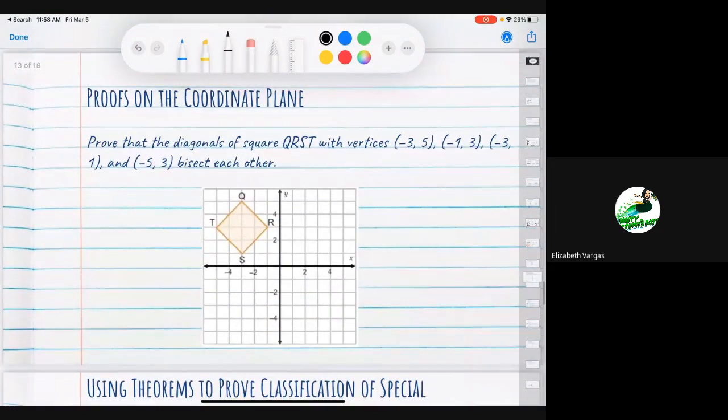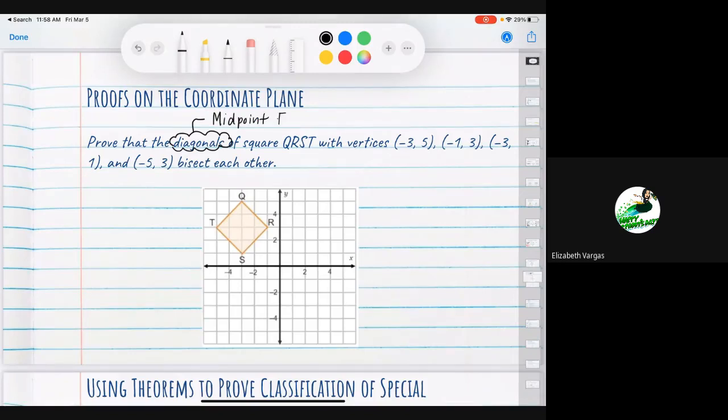Okay. Last thing we're going to look at is how can we prove that diagonals bisect each other? There are some instances in which the diagonals bisect each other, like when we have a parallelogram. That's one of the classifications of parallelograms. So how do we prove that? The way we prove that is to use the midpoint formula.